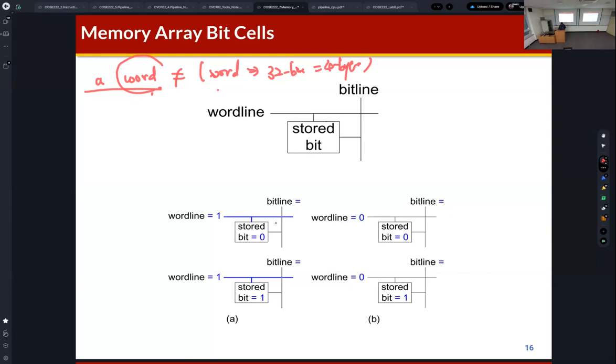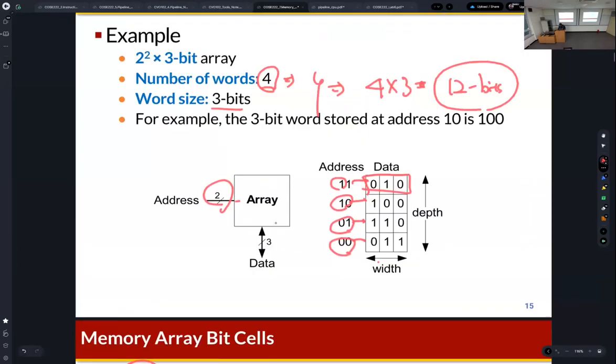In the memory, the word represents this single element, a single element that includes multiple bits. So an address is assigned to each word.